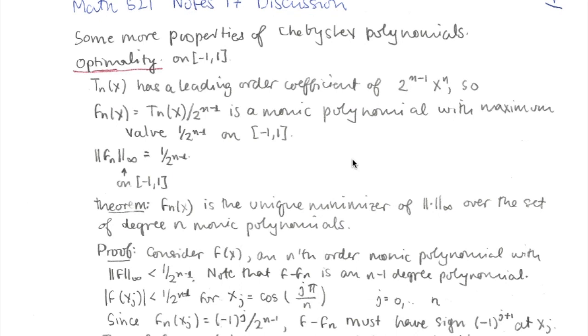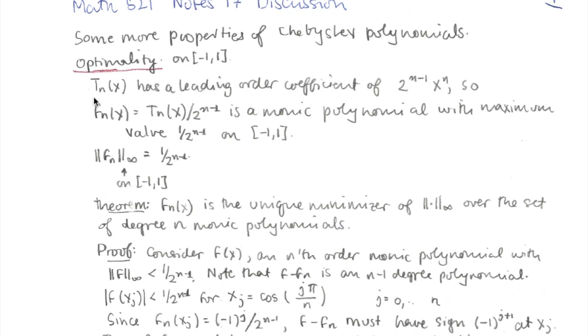Okay, so let me give you the framework. We know from the recurrence relationship that we derived that Chebyshev polynomials have a leading order coefficient that's 2 to the n minus 1 times x to the n. So if I want to make a monic polynomial, I would just have to divide by this 2 to the n minus 1.